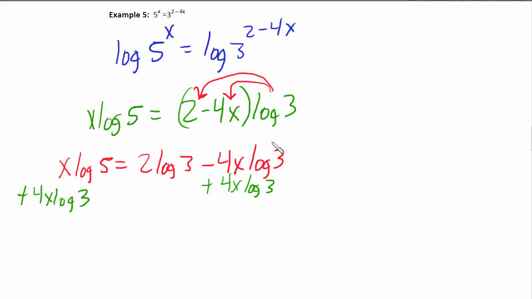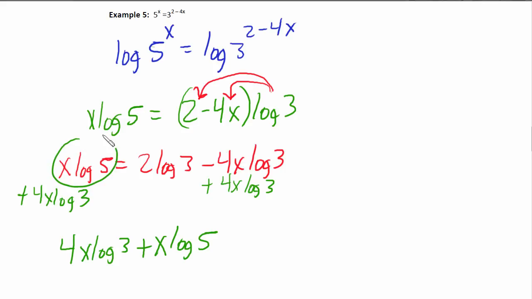All I'm doing is moving this whole chunk over to the other side so it'll become positive. So in the next step, I have 4x log 3 plus x log 5 on the left side, equal to the original right side, 2 log 3.